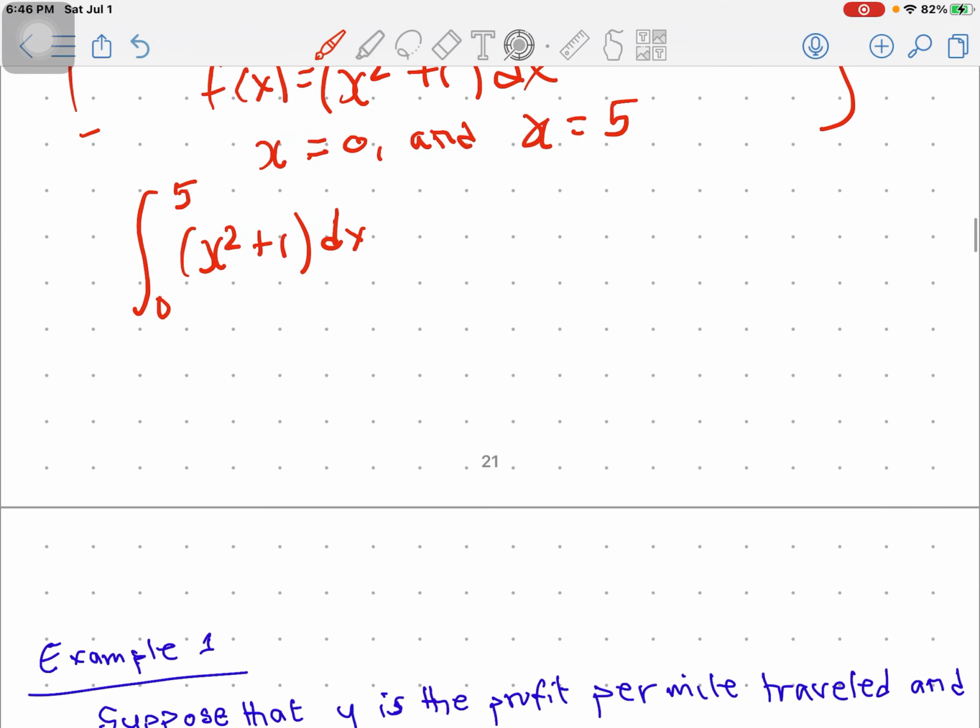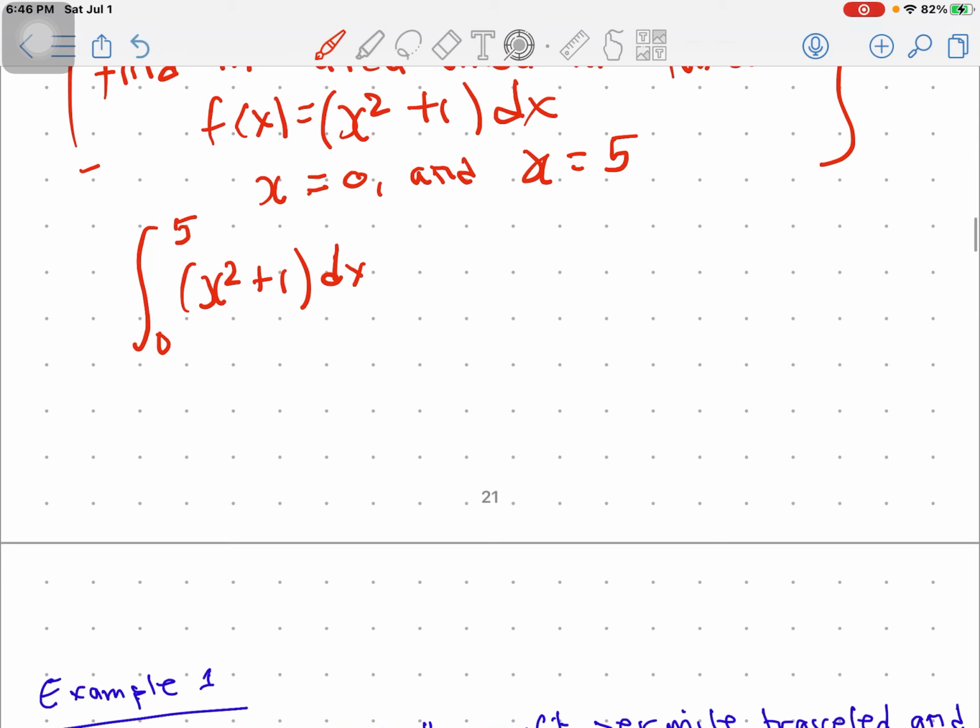Based on this, you can start evaluating them. In finding the integral of x squared plus 1, we are going to get x to the power 3 over 3, and then plus, the integral of 1 is x.